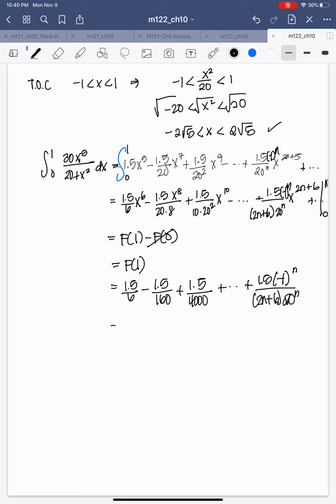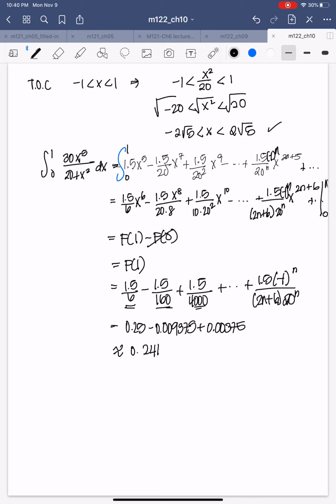All right, just getting the decimal for each term. I have 0.25 minus 0.009375 plus 0.00375. So I'm getting approximately 0.241, rounding to the third decimal place.